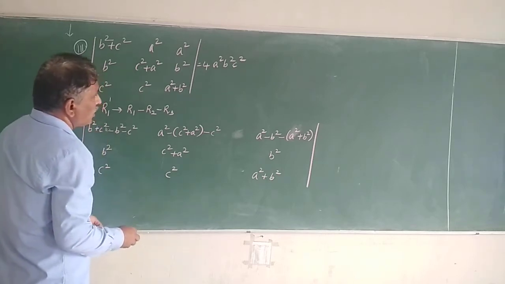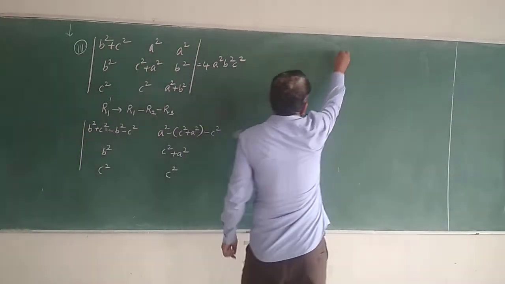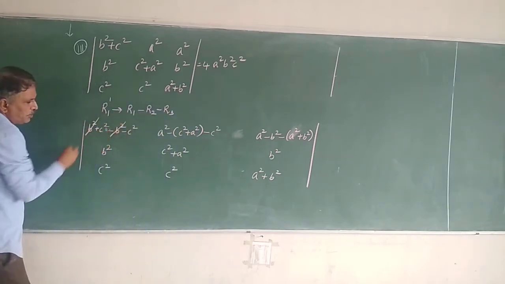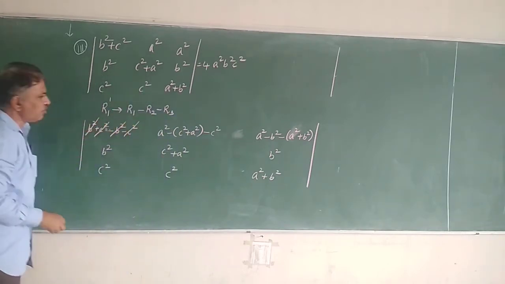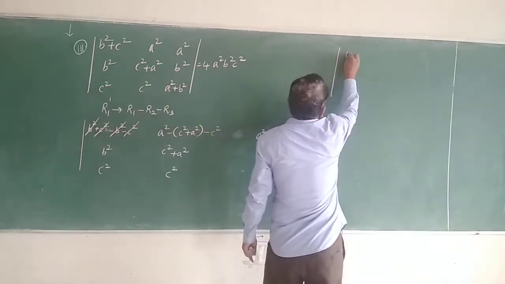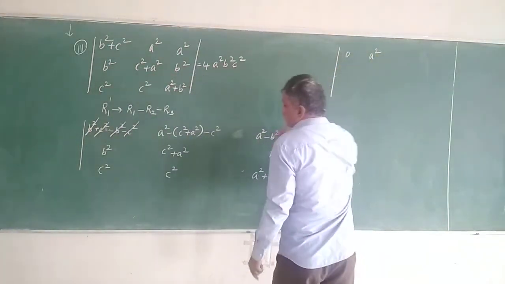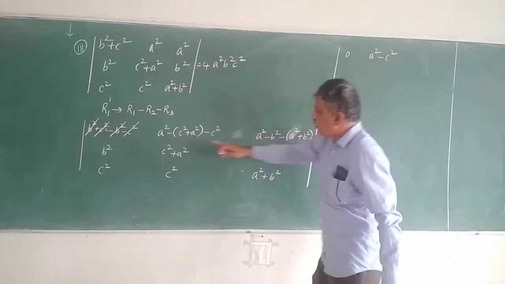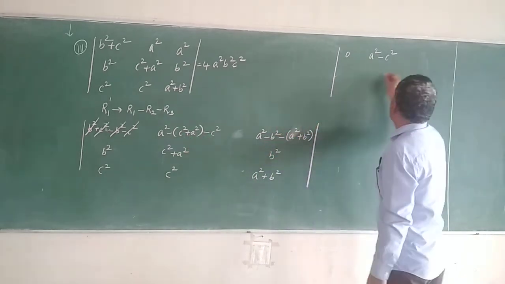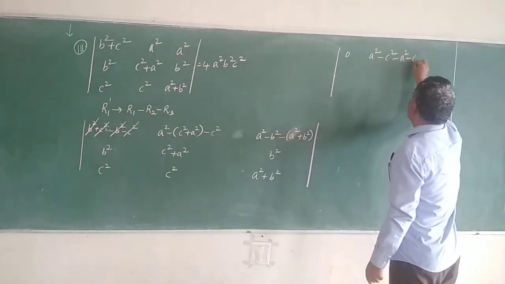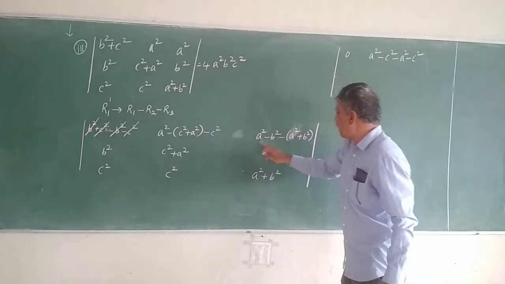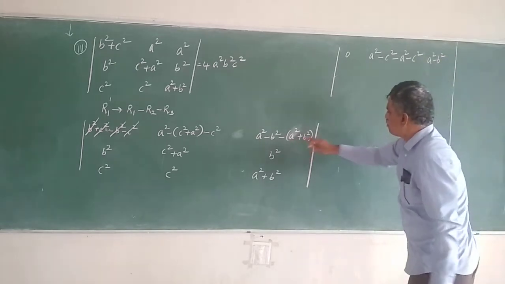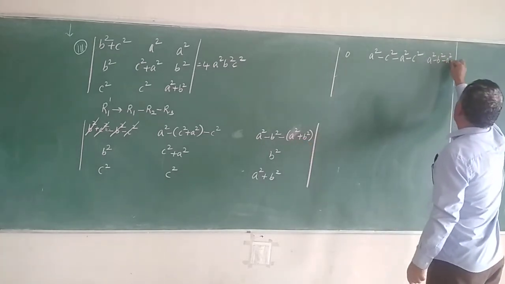What I will write here: positive B square, negative B square, positive C square, negative C square will get cancelled. I will get 0. A square, minus into plus, minus C square, minus into plus, minus. A square minus C square, as it is. This is A square minus B square minus A square minus B square.